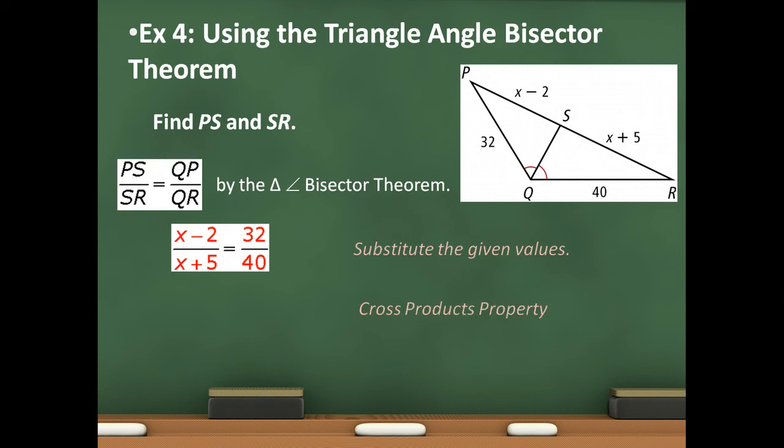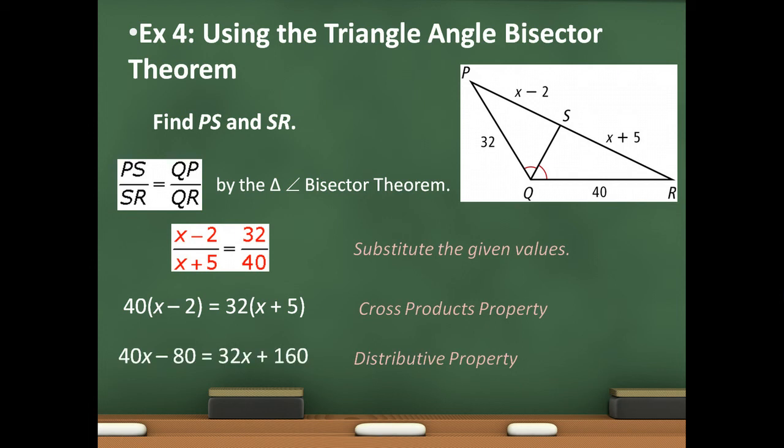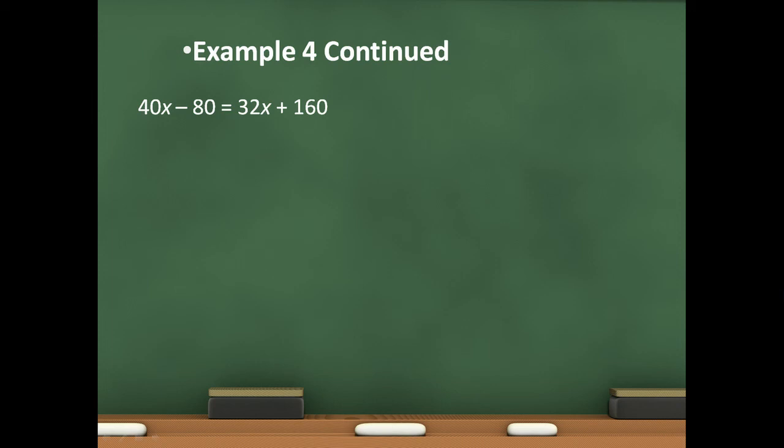Using the cross products property, we have 40 times x minus 2 equals 32 times x plus 5. We distribute and we get 40x minus 80 equals 32x plus 160. Continuing our example, we simplify and we get that 8x equals 240. Dividing both sides by 8, we come up with x equals 30.